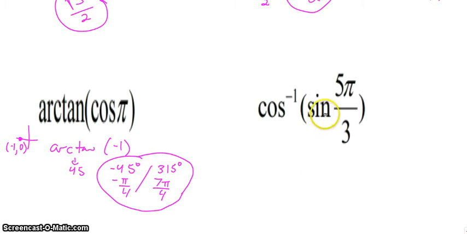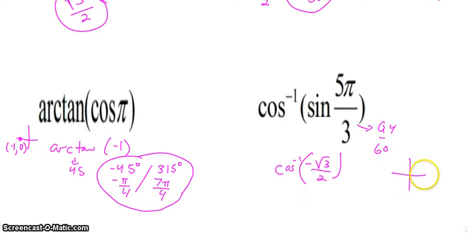And then one more. So if I want the sine of 5 pi over 3, that is in our fourth quadrant, so we are negative. My reference angle is 60 degrees. So my sine is going to give me a negative root 3 over 2. And I want the arc cosine of that. So, in order to get a negative, I know I have to be in this quadrant.